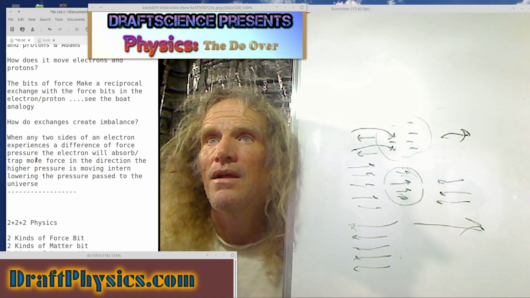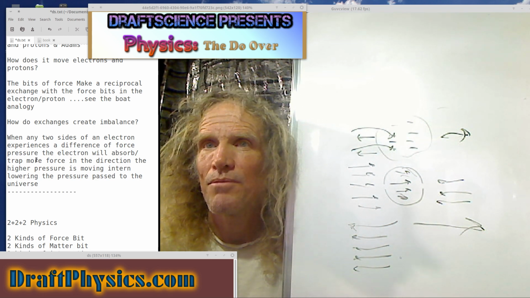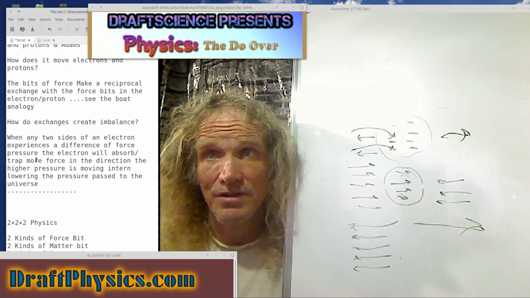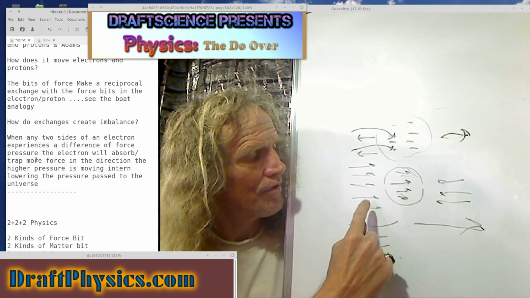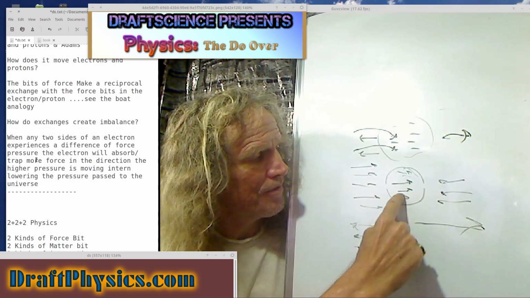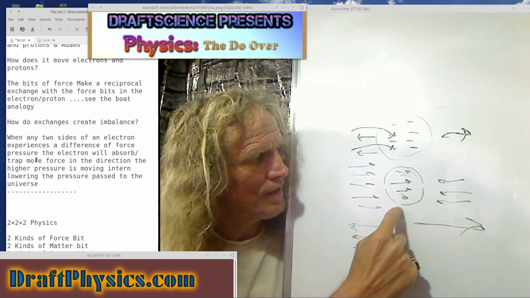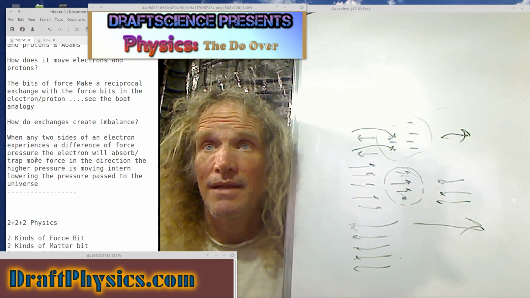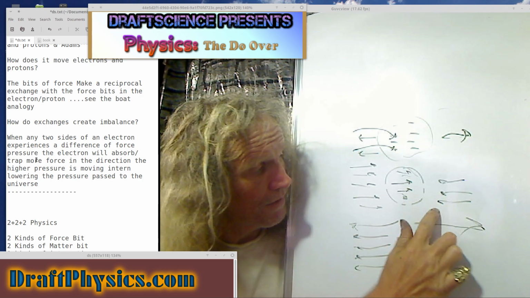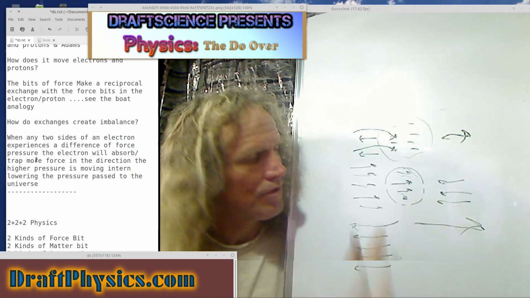Too simple. There are going to be more traps that this stuff is falling into than traps that this stuff is falling into. And therefore the thing is going to move in the direction of the higher pressure.